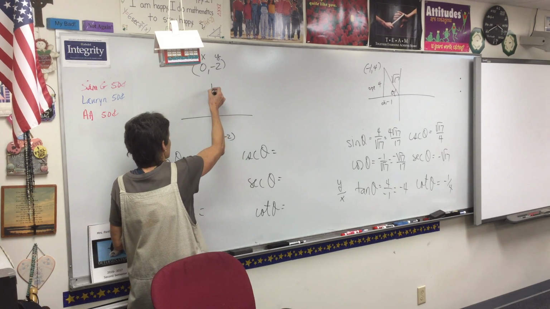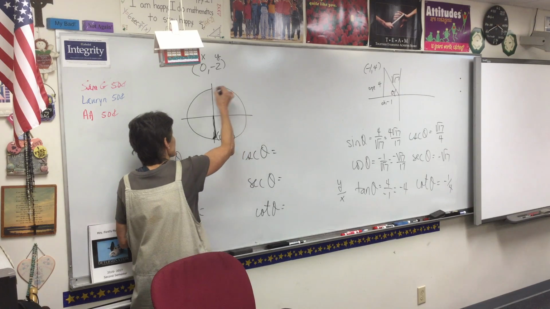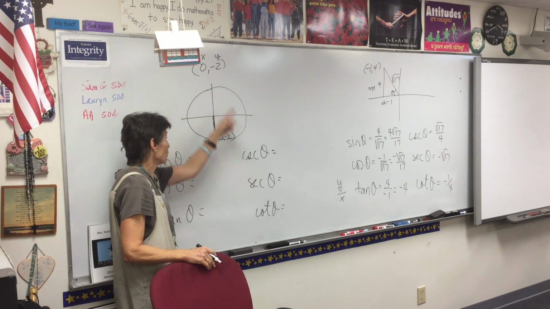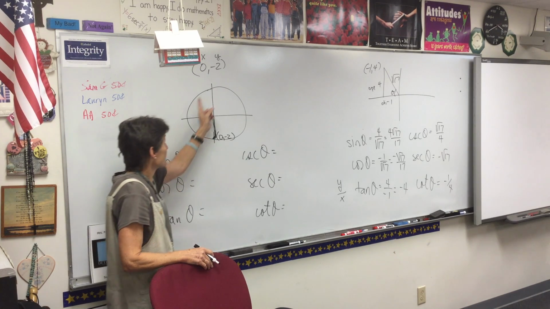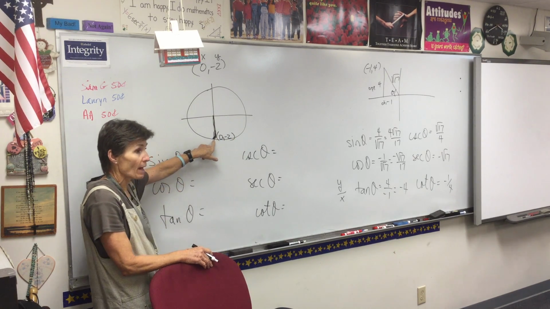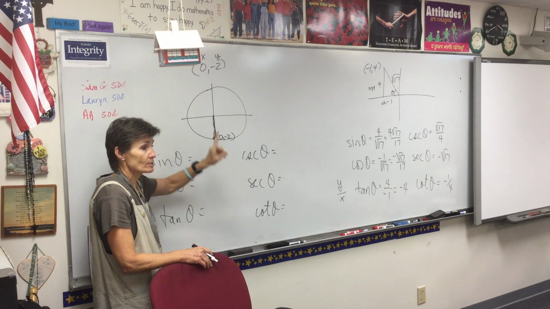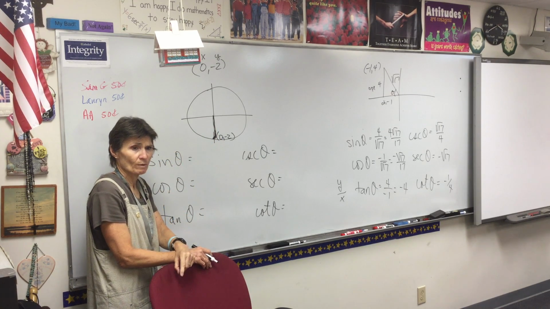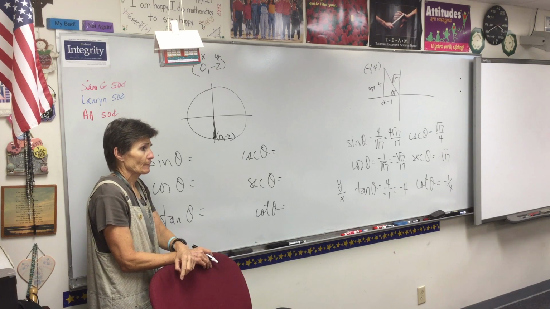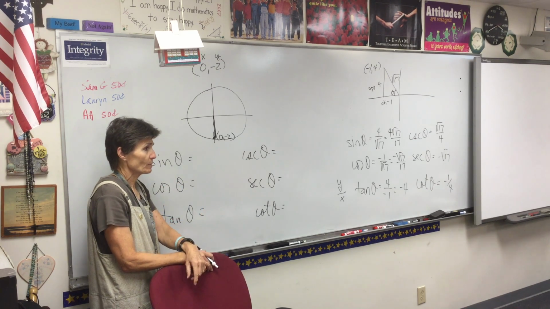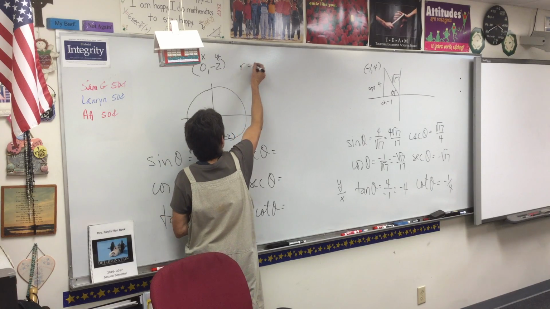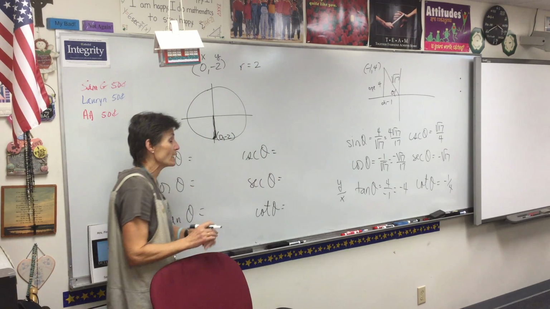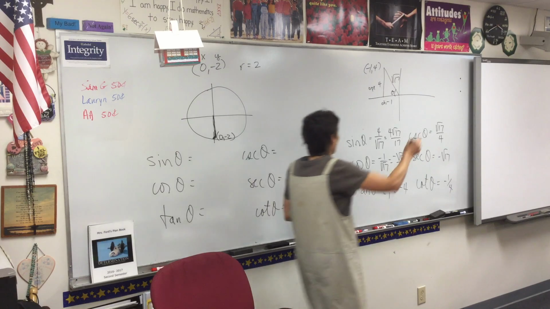r is the radius of the circle that would be drawn through that point. So if you think about a circle being drawn through that point, r is the radius of that circle. What is the radius of that circle? If it's going through that point right there, what's the radius of the circle? Well, 2. The radius is always positive. The radius acts like the hypotenuse.